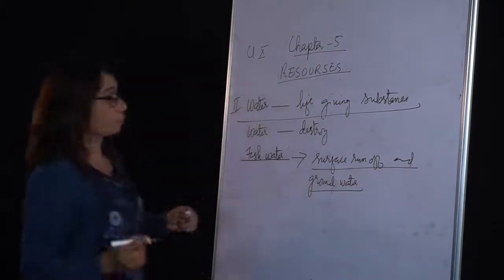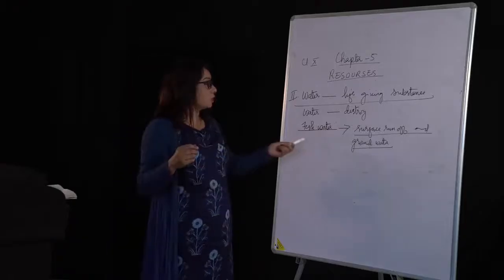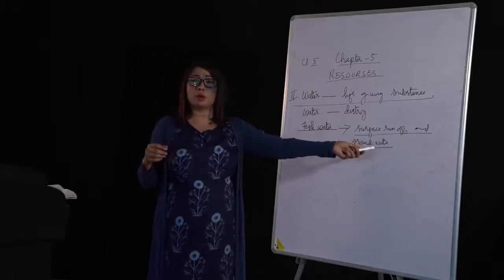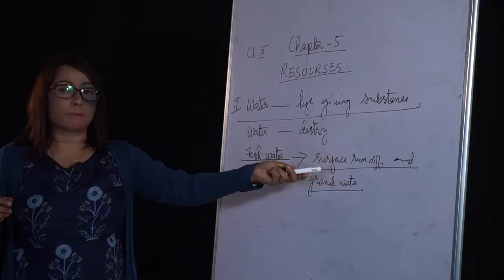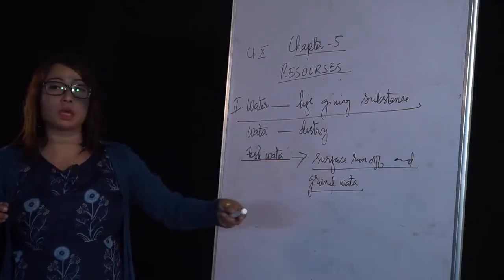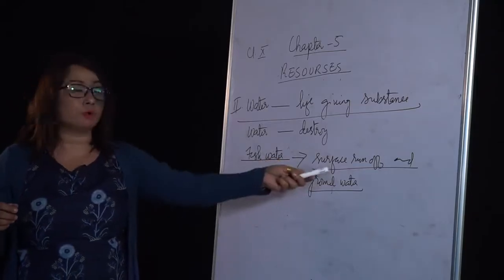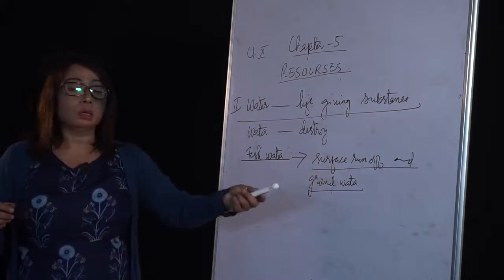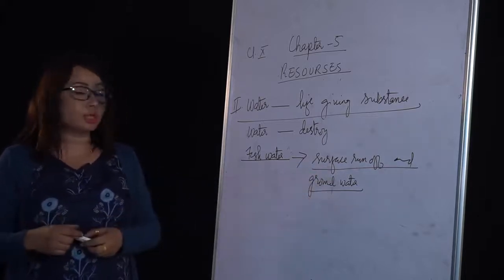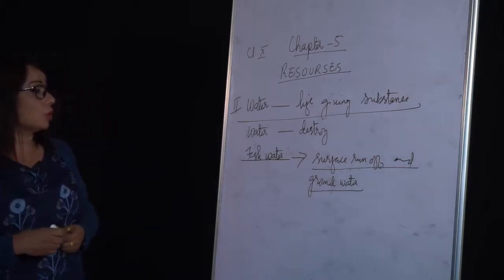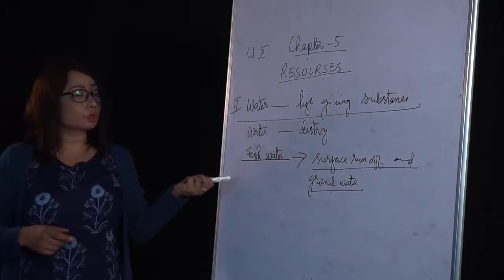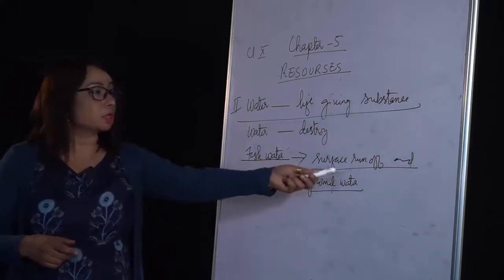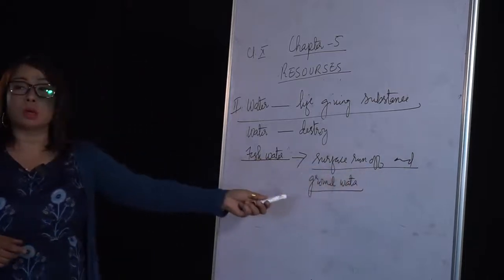These two. Surface runoff means the water that we get from rain and snow melt that flows over the surface of the earth. That's why it is called surface runoff. And the groundwater, you know, is also known as underground water. So the source of fresh water is surface runoff and groundwater.